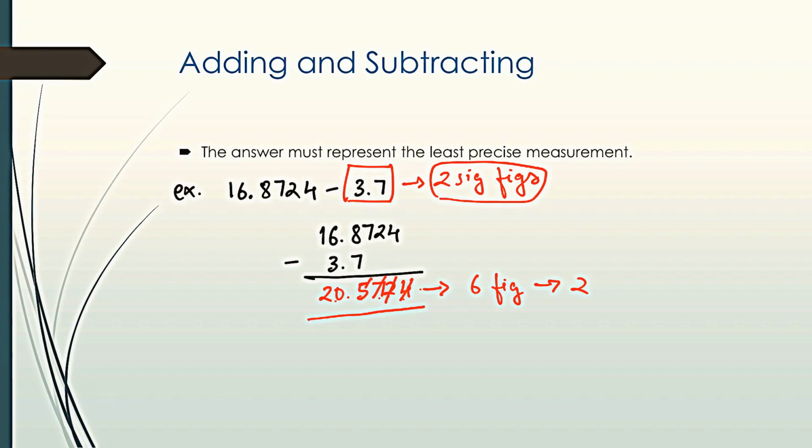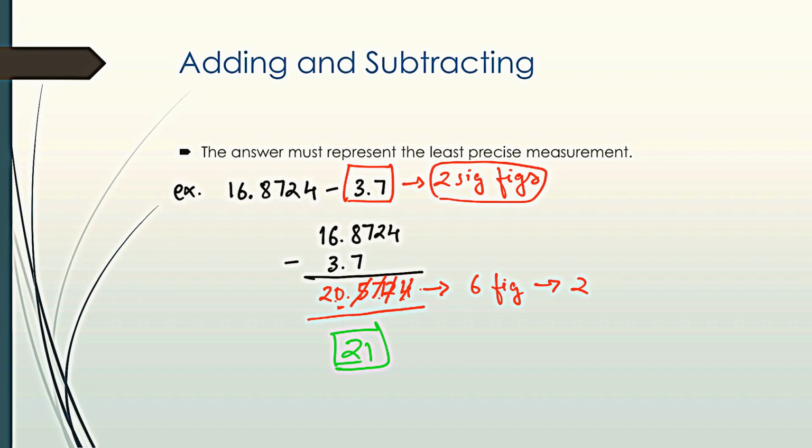I am going to get rid of the 5. However, because it is the 5 right after my second significant figure, and because that 5 is a 5, I will have to round this 0 up as 1. And so my final answer would be 21.